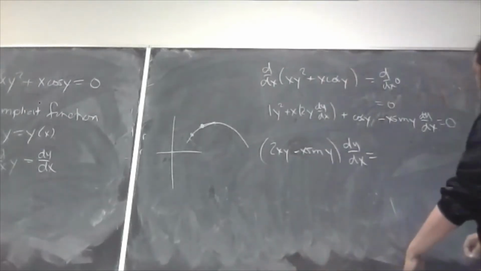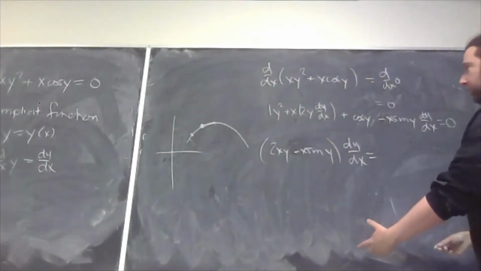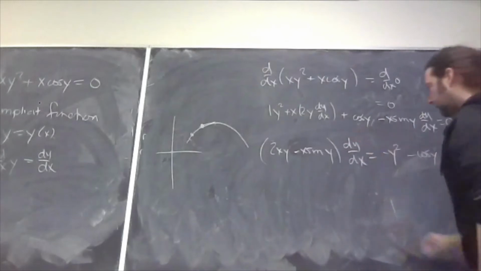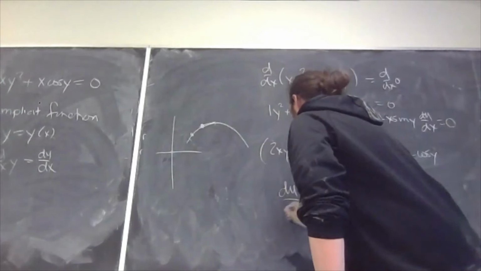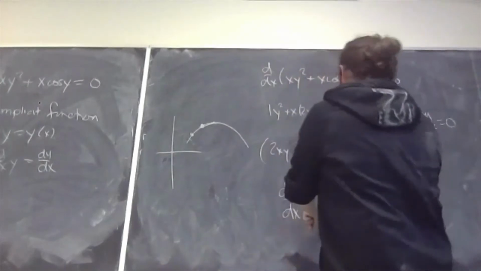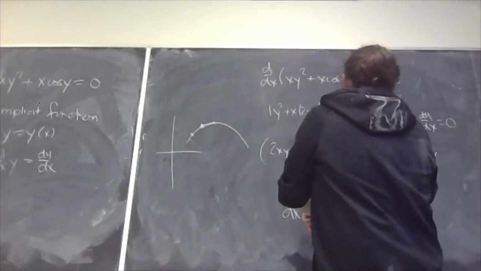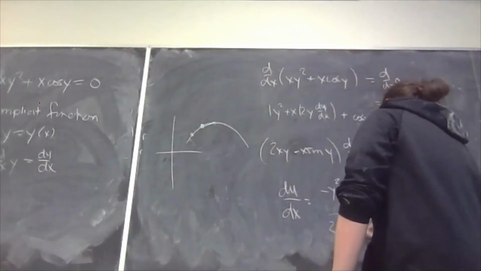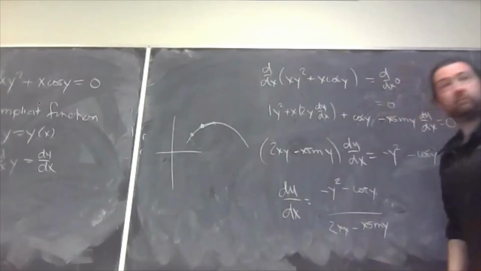I know I'm probably reminding people that this algebra is the most annoying part of all these things. Minus y squared minus cosine y. And so the derivative dy dx as an implicit function is given by minus y squared minus cosine y over 2xy minus x sine y.